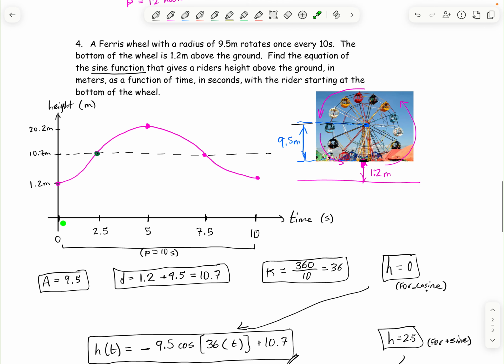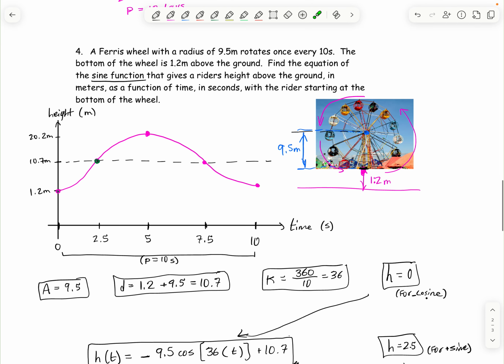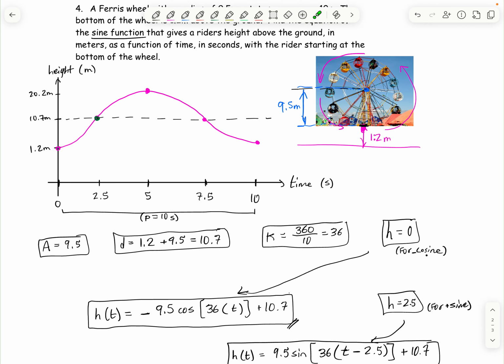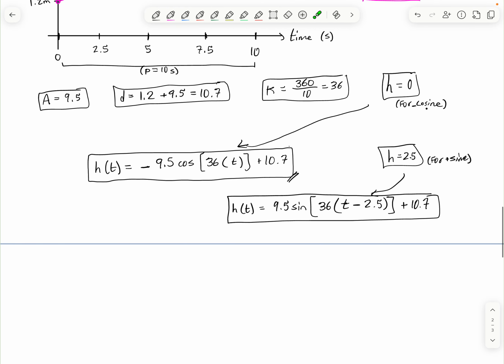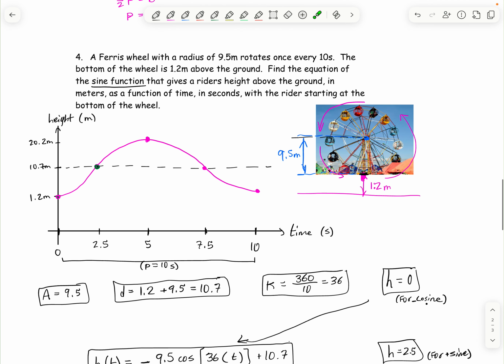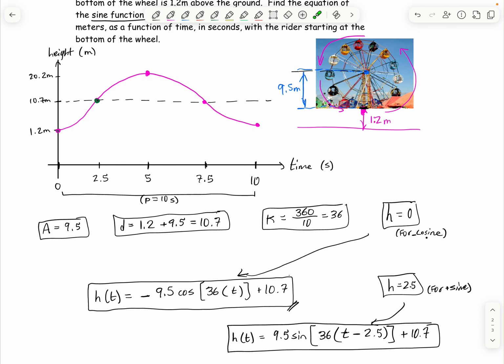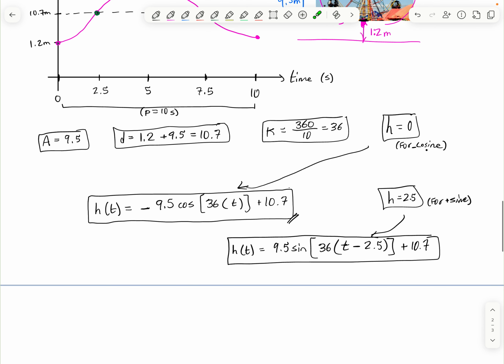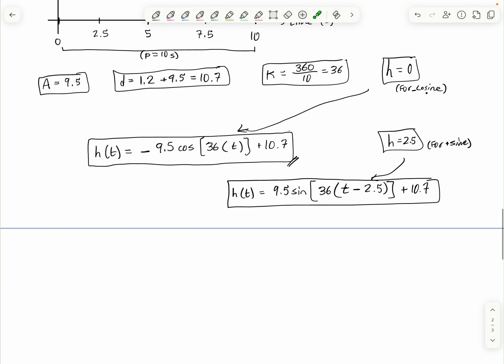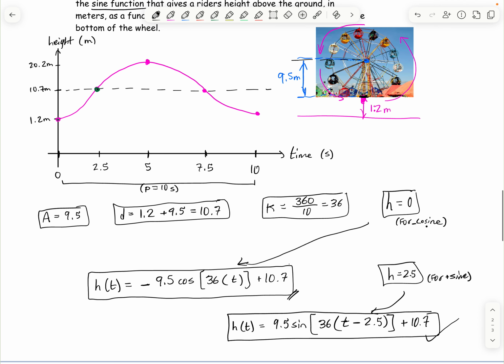And we know the height when the time is 0 is 1.2 meters. So yes, the rider starts at the bottom. And we can also check that at 5 seconds they're at the top, and it would work out as well. So our sine equation works. All right. Good.